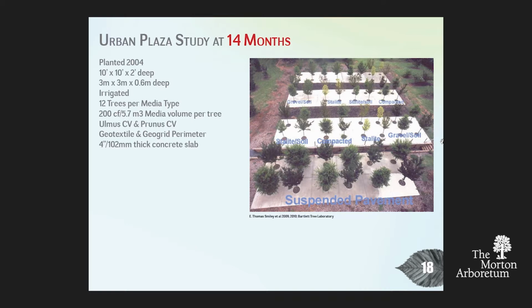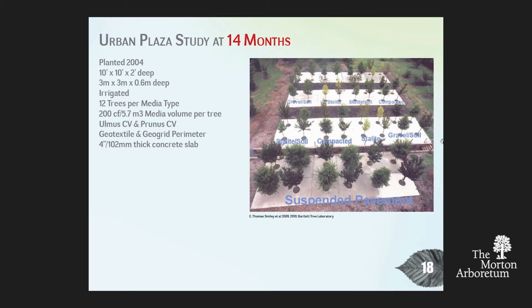Surrounding each of those volumes is geotextile and geogrid. So the soil volume is 200 cubic feet per tree, and it's not getting any more than that. This is about 14 months into the experiment. The cherry trees were taken out of the experiment altogether, so as you go forward you're only going to see these elm trees right here.